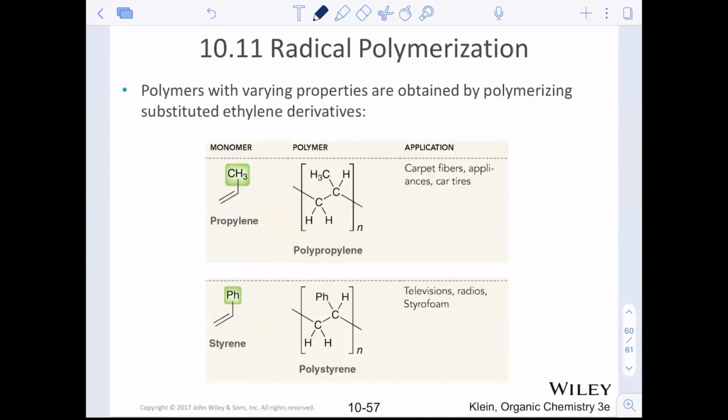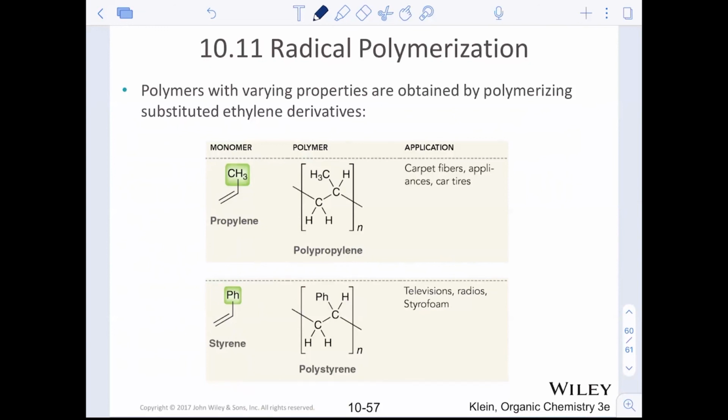Just to present some real life applications, propylene, or propene, 3 carbons with an alkene. That monomer can be used to make a polymer that is used in carpet fibers or appliances, car tires too. Styrene is the carbon-carbon double bond with a phenyl or benzene ring attached to it.